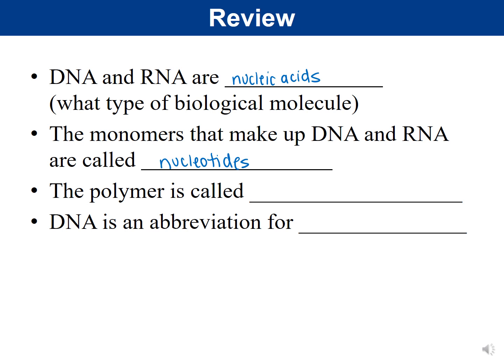The polymer is called, remember from our table, nucleic acids. You could also refer to them as polynucleotides. That is technically right as well. Either could be used here. And then DNA is an abbreviation for deoxyribonucleic acid.